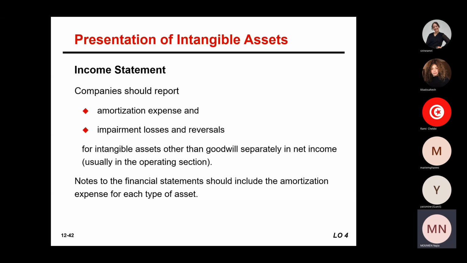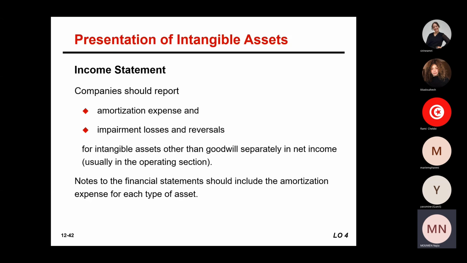Now, what kind of information will be reported in the income statement? Remember, when we have a limited useful life intangible, we have to record amortization expense. Amortization expense will be part of the operating section. We also have to test for impairment, for limited or indefinite useful life assets.